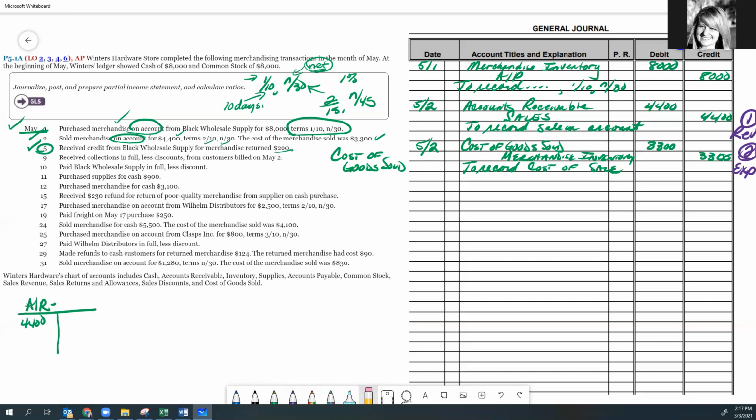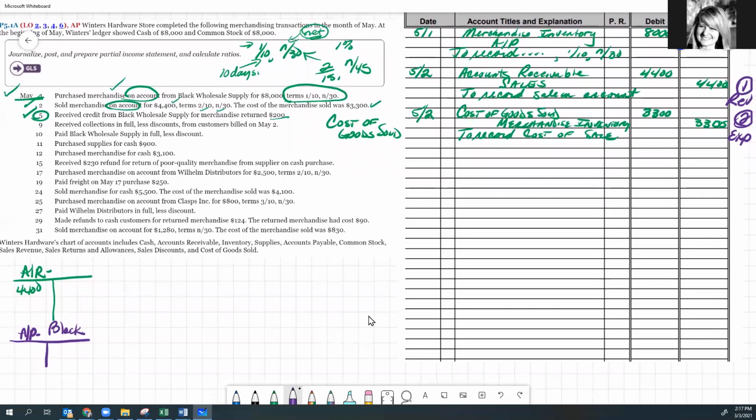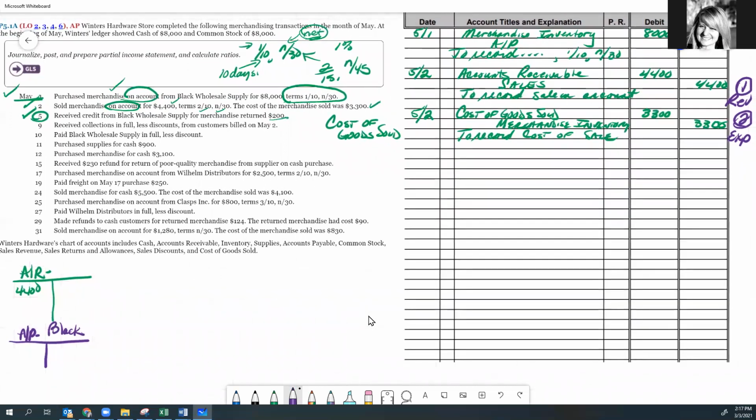Okay, and let's put some of our accounts payable down here. We had accounts payable to Black Wholesale. Let me try and move this up just a little bit. And on May 1st, we credited that $8,000. I hope I've left myself enough room here.